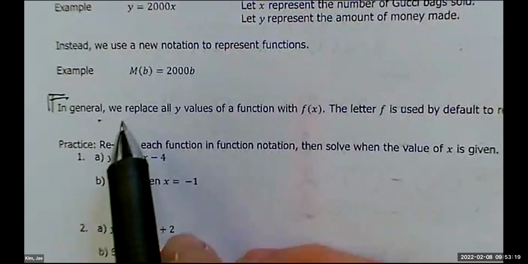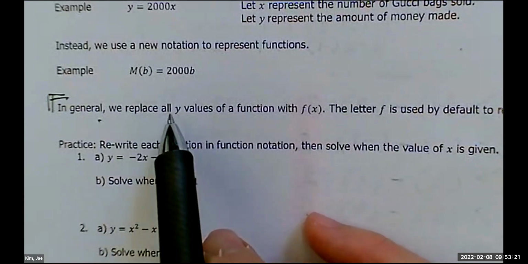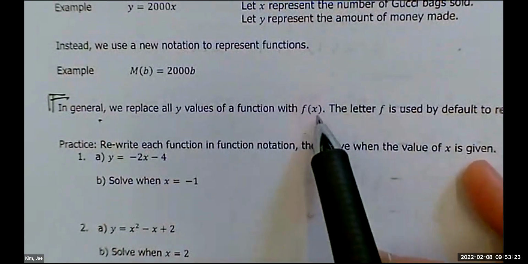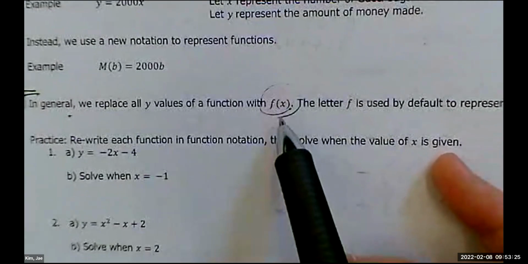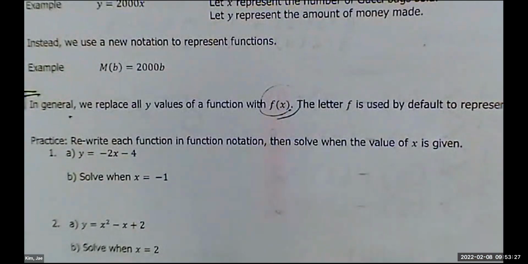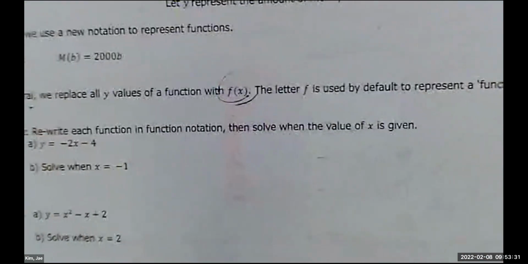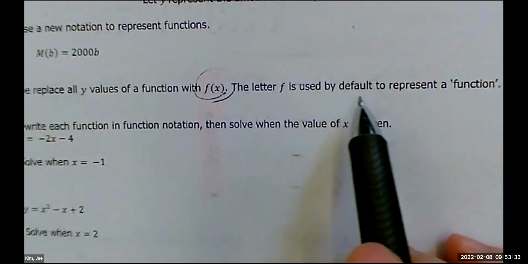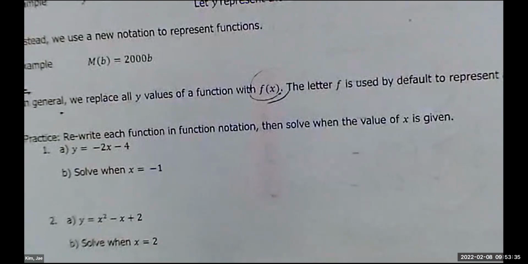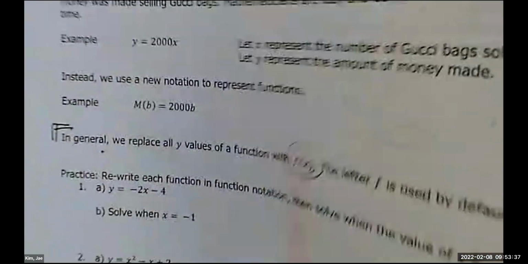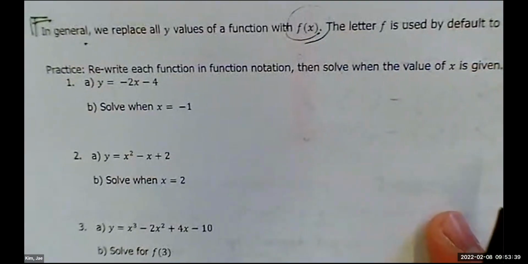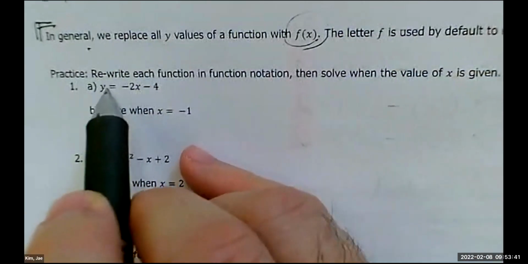In general, we will replace all y values with a new symbol, f of x, function of x. The letter f is used by default to represent a function. So here's an example of how we would use this.